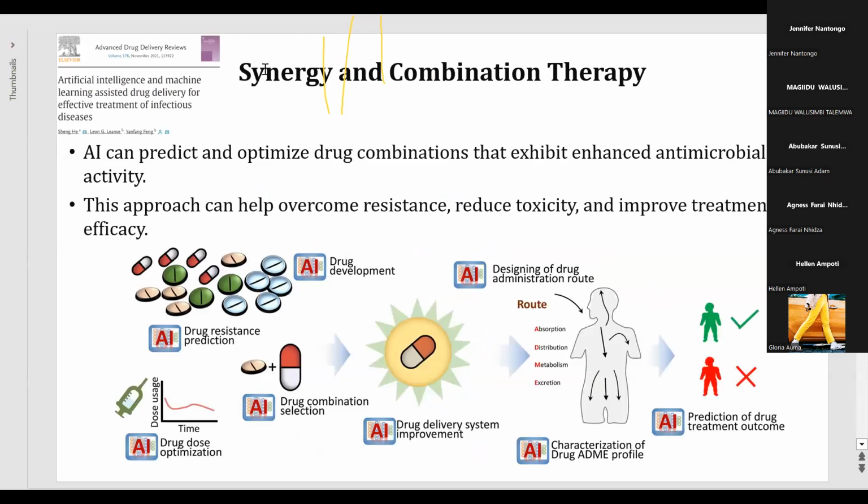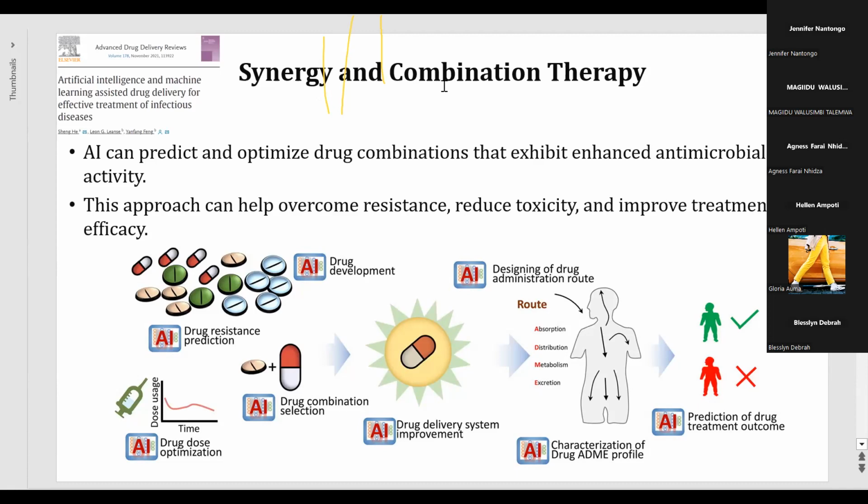Next, it can also predict synergy and combination therapy. That is, if two drugs act together, whether they have a synergistic activity, whether they are completely inhibiting the growth of the pathogen, whether they are killing the microorganism, or how it is acting.